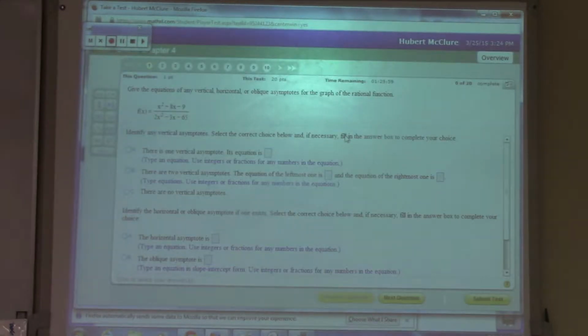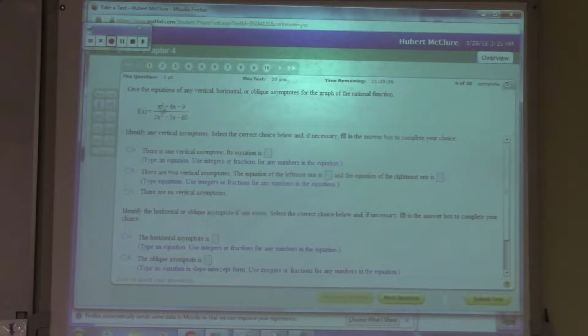Of course, we're not going to go through and do each one. We're just going to go through because I need to go through both tests. So write that down. This one is vertical, horizontal, or oblique asymptotes. That's where you look at the degree of the numerator and the degree of the denominator. These are the same, so you're going to end up using the coefficient.